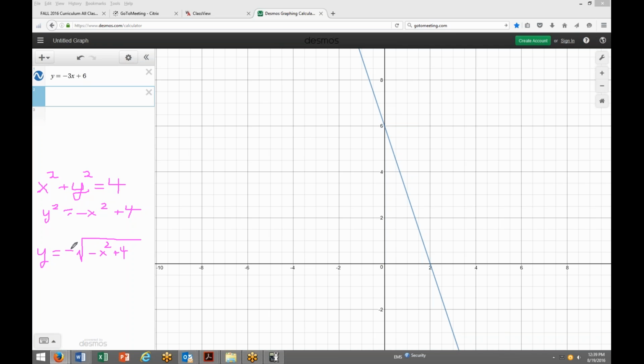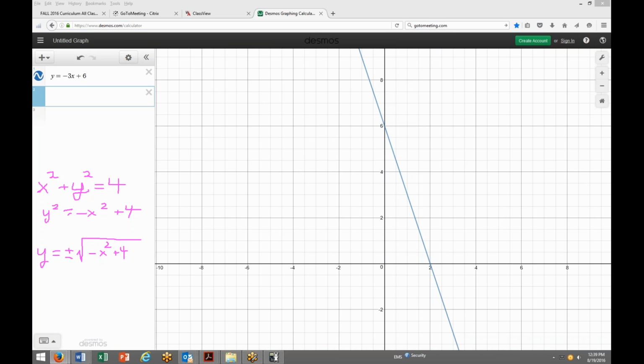So you have two distinct possibilities. Y equals plus or minus the square root of negative x squared plus 4, which is actually two equations. Y equals plus the square root of negative x squared plus 4, and y equals negative the square root of negative x squared plus 4.